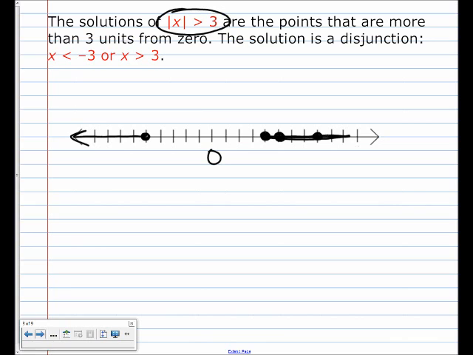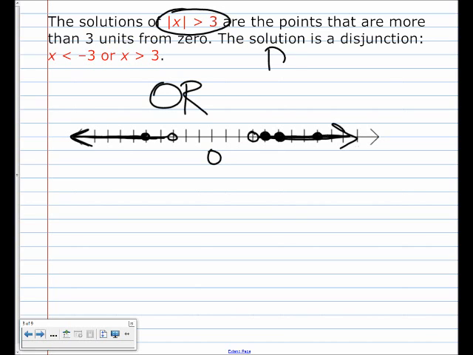An open. All right, and what should I do between the 3 and the 4? Connect it, right? Because again, 3.1, 3.2, those would work. What about over here? Negative 3 is an open circle, and I'm going to connect those two. And you should see from yesterday that this is making a disjunction. So I'm going to use the word or.